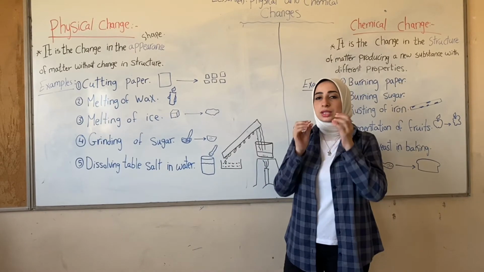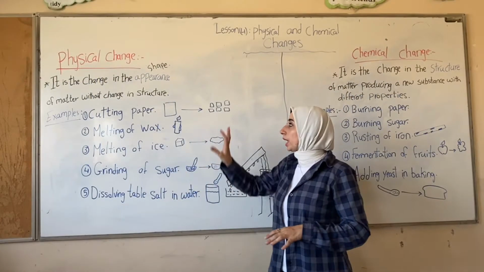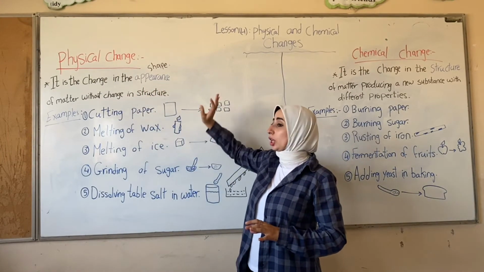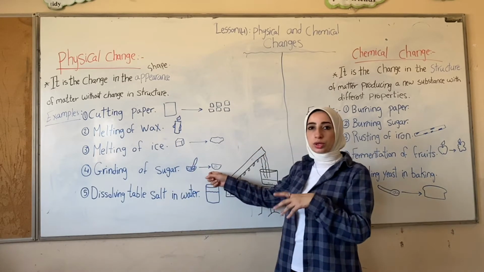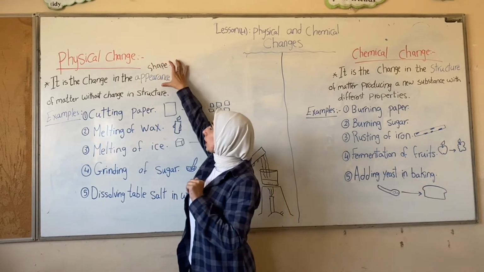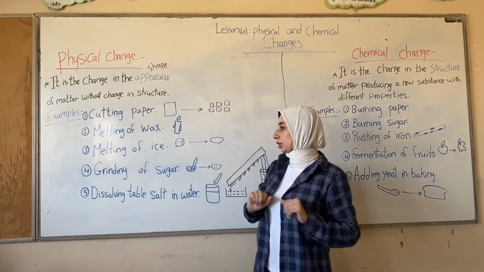No, it's not. It still has a sweet taste. So it only changed in the appearance and shape. It was large particles, now it became small particles or like powder. So it changed in the appearance only, without a change in the structure.